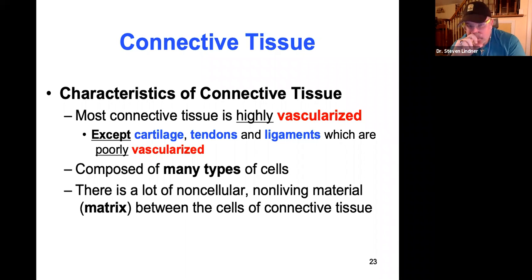Most of connective tissue is highly vascular, meaning it has good blood supply. The exceptions to that are going to be ligaments and cartilage. Ligaments and cartilage don't, and even tendons don't have the best blood supply. Muscles are pretty good, but tendons, not the best.